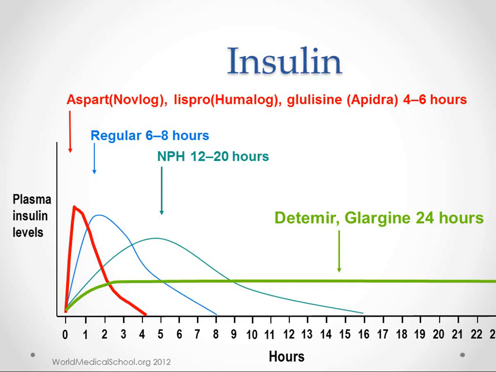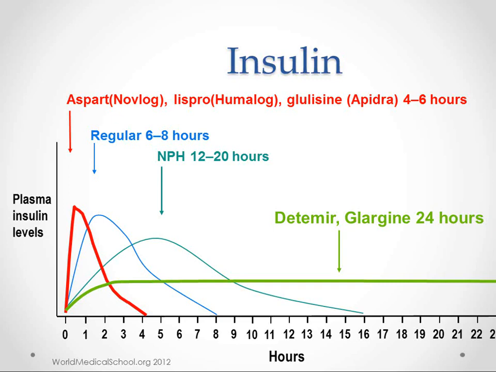The only catch to this is you have to calculate how much of this rapid-acting insulin that you need before each meal. So you count your carbs and figure out how much insulin you're going to need to cover the meal or the snack. It's good because it is flexible. You can eat at different times, and you can choose what you're going to eat.